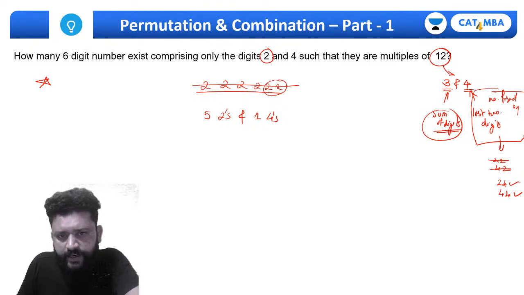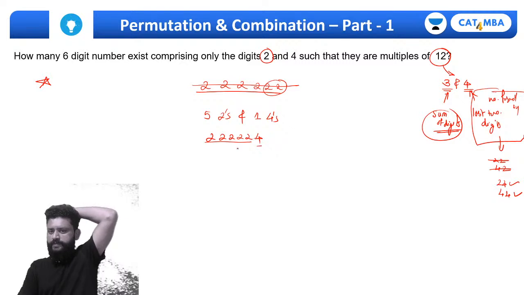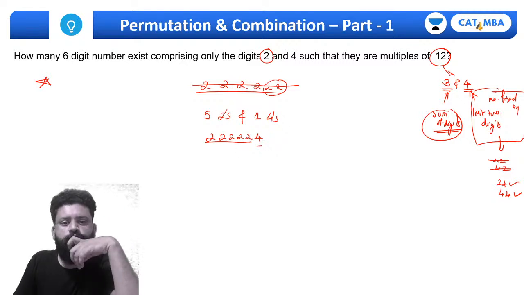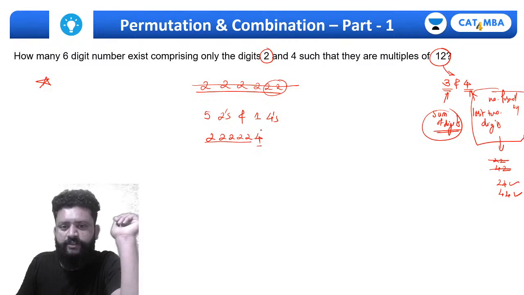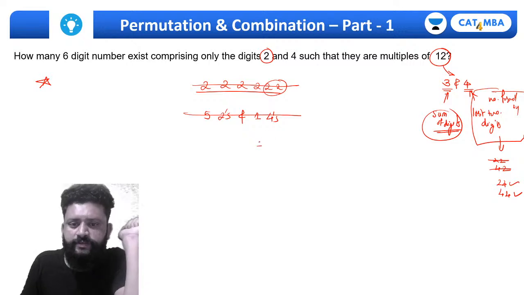Then the last digit has to be 4, so it becomes 2 2 2 2 2 and 4. This number's digit sum, 5 twos are 10 plus 4 is 14, but it won't be divisible by 3. You cannot have all twos, then you cannot have 5 twos even.